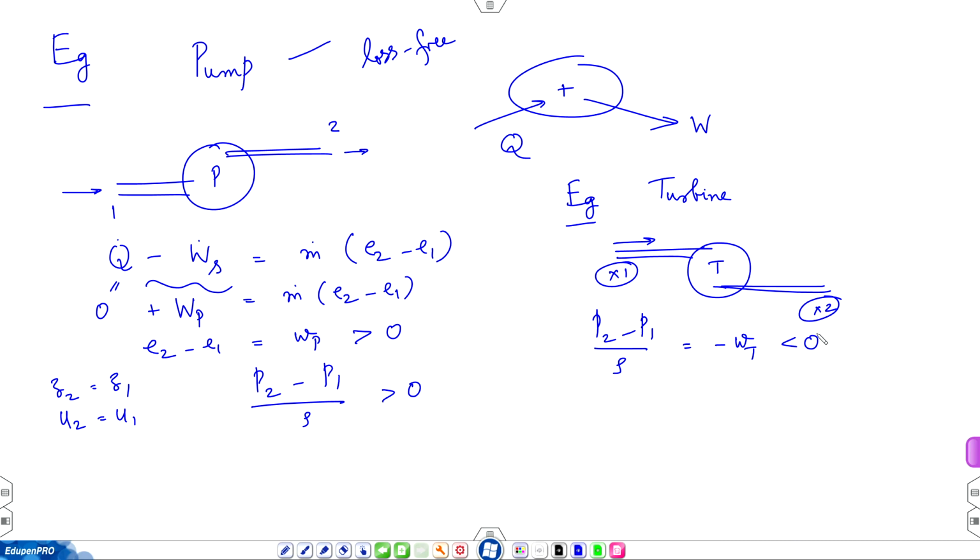So, I think I had some example here. So, let us take a look, since I keep talking about pumping water from the ground floor to the roof of your hostel. Let us take that example.